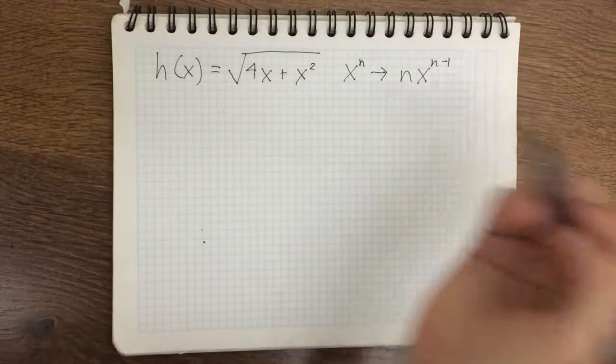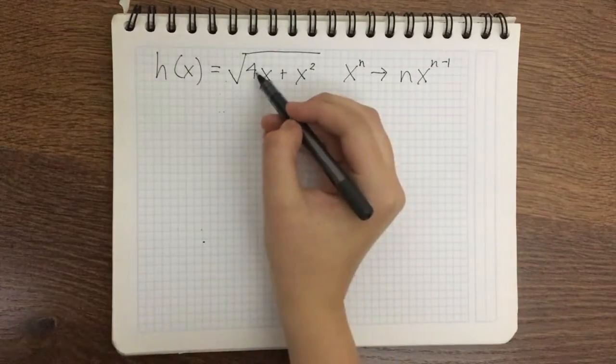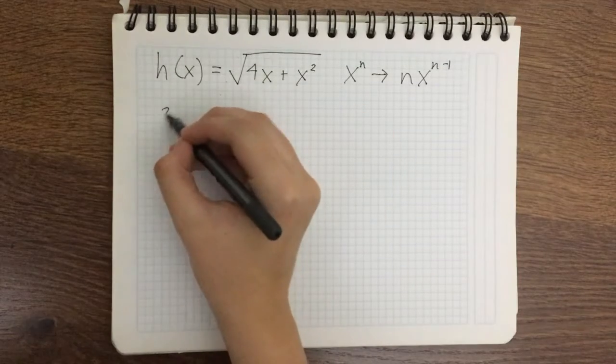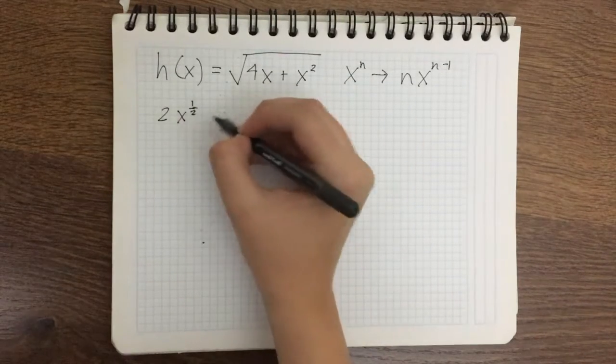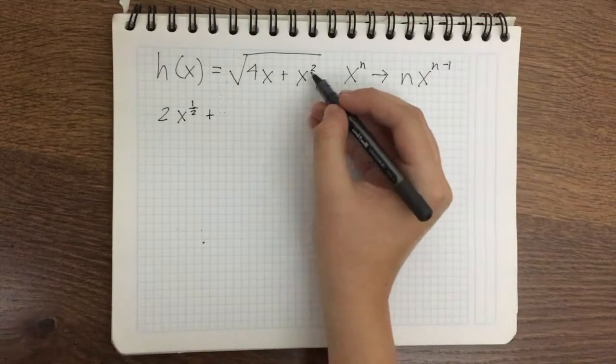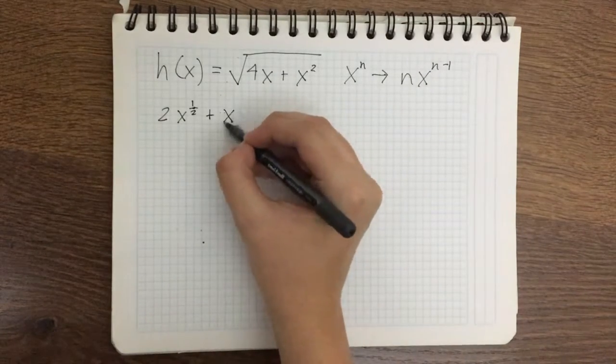First, we need to get rid of the square root. Now, we know the square root of 4 is 2. The square root of x is x to the power of 1/2, plus the square root of x squared is x.